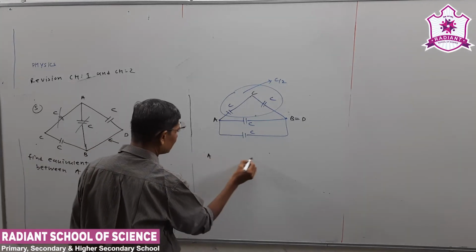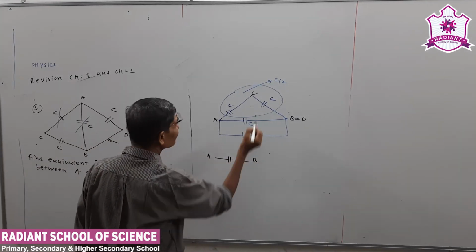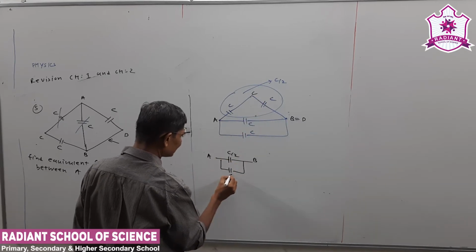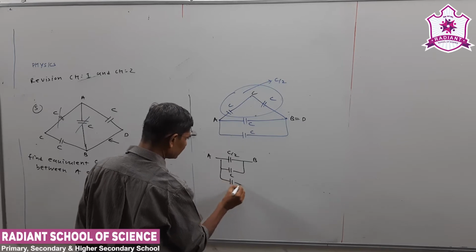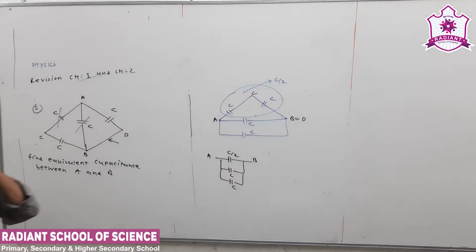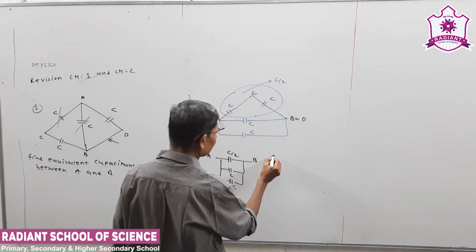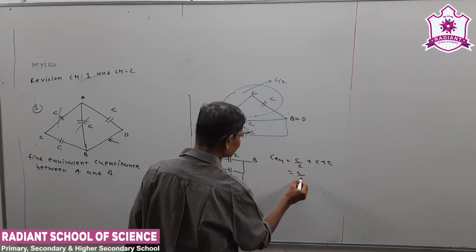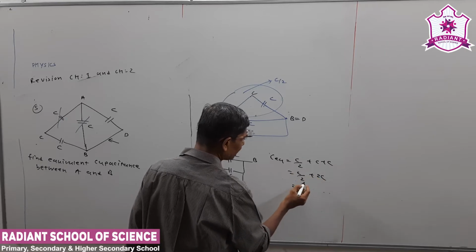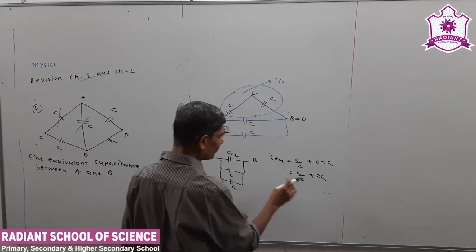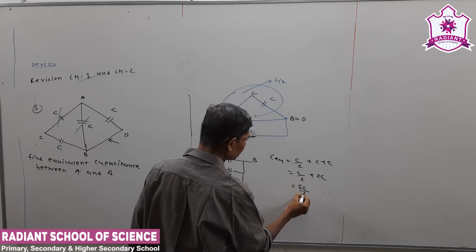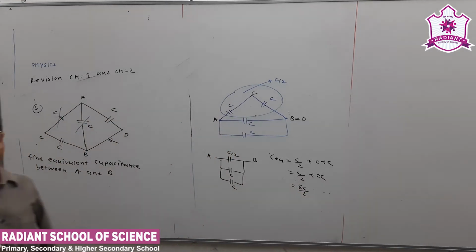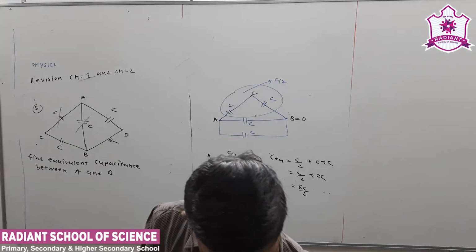If I draw the equivalent between A and B, this will be C by 2, this will be C, and this also will be C. So we find the equivalent capacitance C by 2 plus C plus C, which gives 5C by 2. This is how we can draw the equivalent circuit and find the equivalent capacitance.